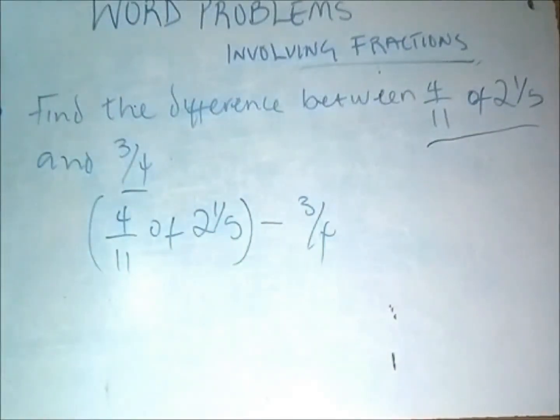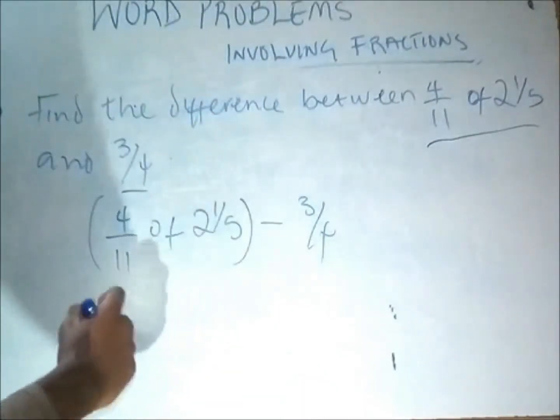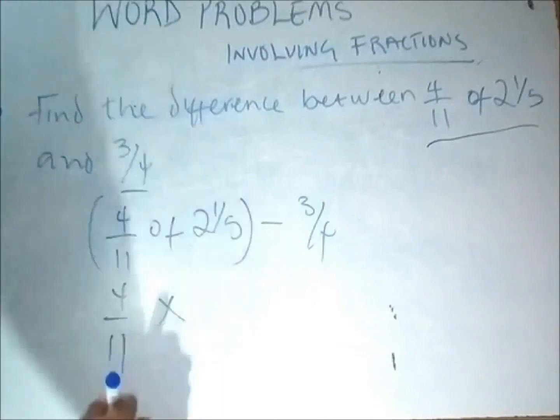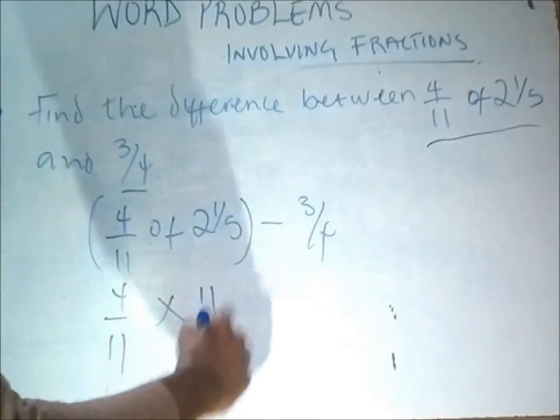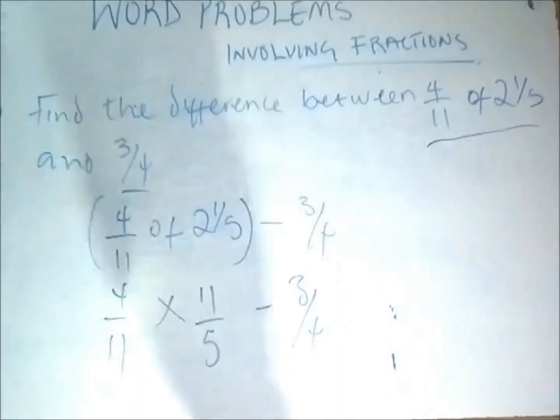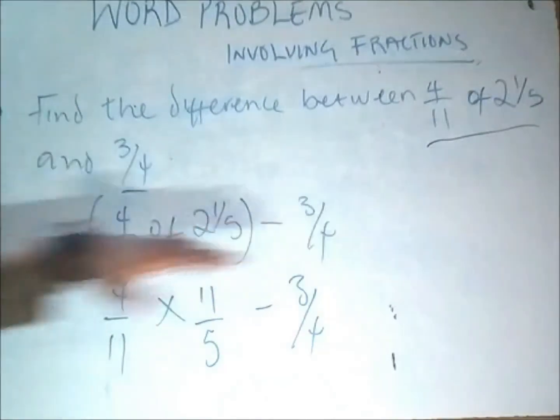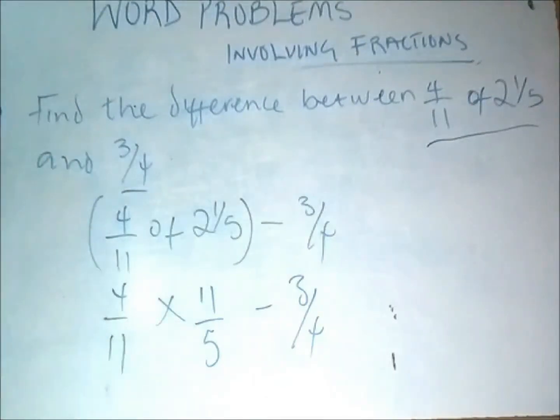You notice that of becomes multiplication. So we have 4/11 times this, which as an improper fraction is 11/5, minus 3/4. Following the principle of BODMAS, the basic thing here is to first find the interpretation, then solving the rest is not a problem, especially when you understand what you're solving.